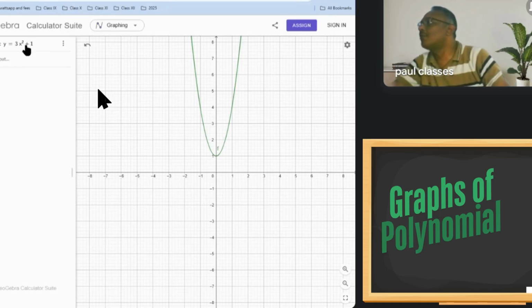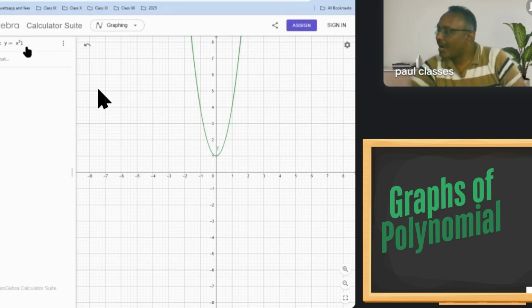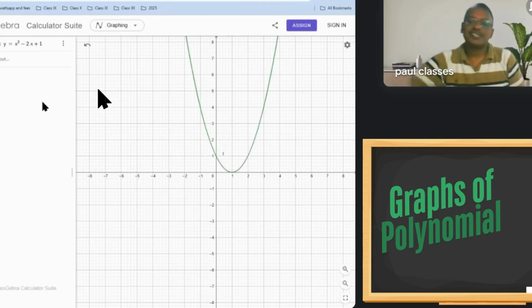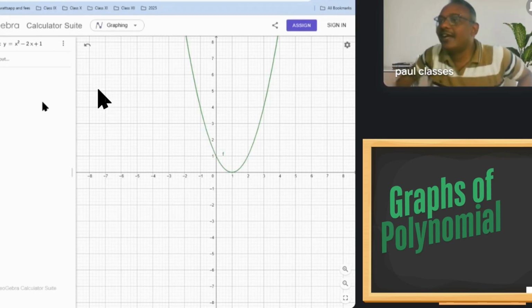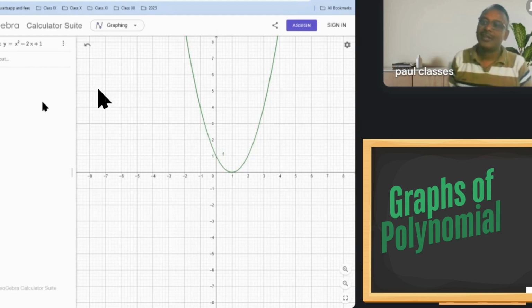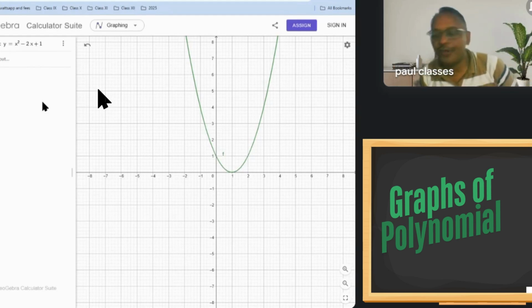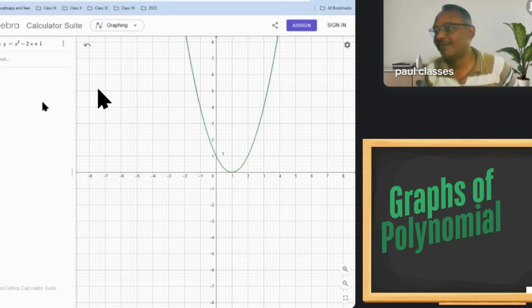Do you want to see how it intersects the x-axis at a single point? x square minus 2x plus 1. And now see how many times is it intersecting? My dear children, why did I write x square minus 2x plus 1? Can you tell me what is the speciality of x square minus 2x plus 1? It is the whole square of what?